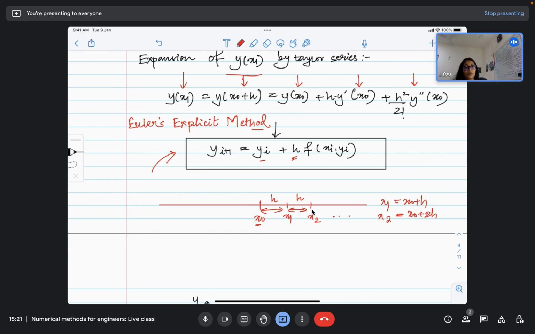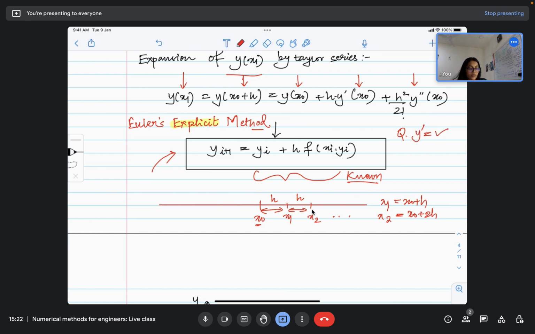Okay. So why is this method known as the explicit technique? Because in this case, whatever is on the right hand side, this entire region, is known to us. Even in the assignment, if you see the question that has been given to you, the slope is already given to us.